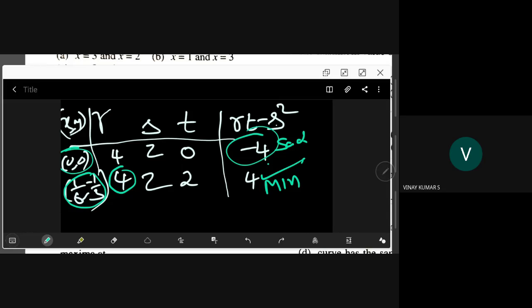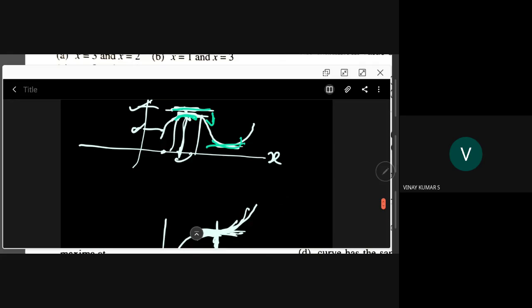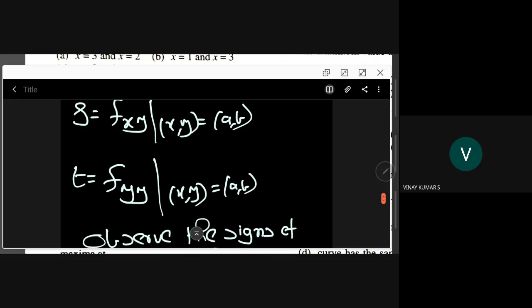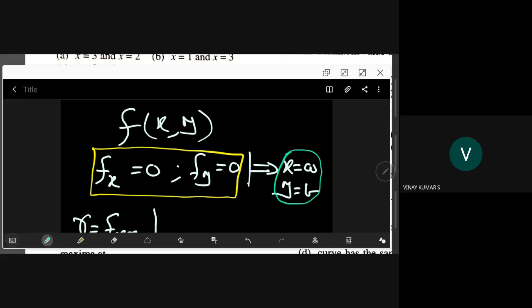Anything that satisfies this is a stationary point. If you solve those equations, you will get a solution that is called a stationary point. Once it is decided as a stationary point, then it may become an extreme point, that is a maximum point, a minimum point or a saddle point. That's all.